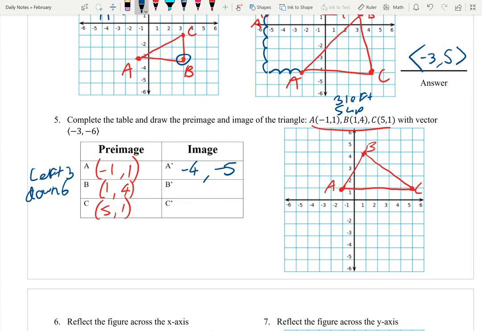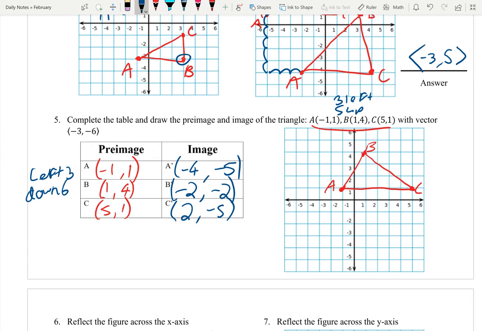We could do that for the other points as well. So we have 1, and we're subtracting 3, so that would be -2. And then the 4, we subtract 6, and we'd have -2. And then last one, the 5, subtract 3 would be 2. And the 1, subtract 6 would be -5.